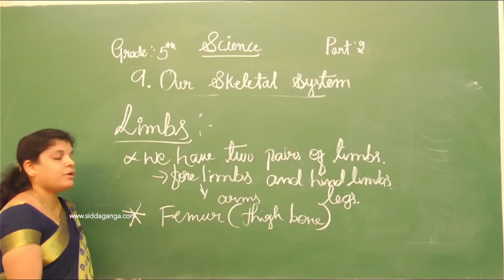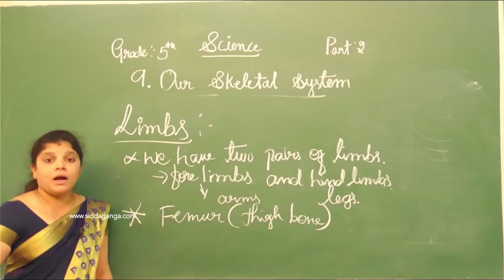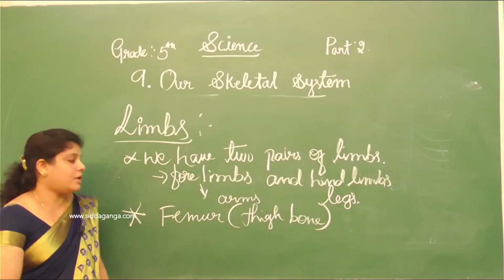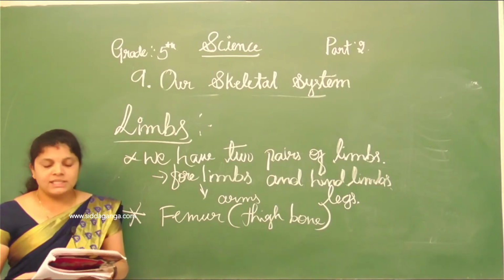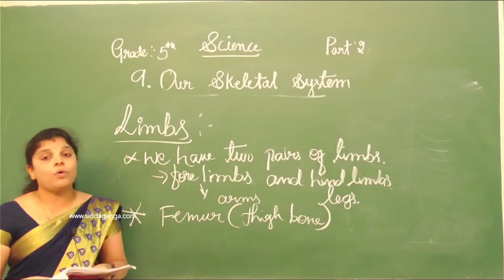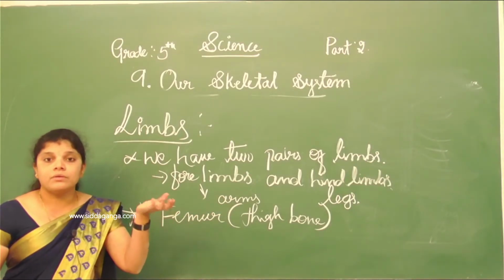See, this femur holds what? The whole body. So the bone in our leg we call femur or thigh bone. See, this is the longest bone in the body. It bears the weight of the whole body. So this thigh bone holds our whole body weight.